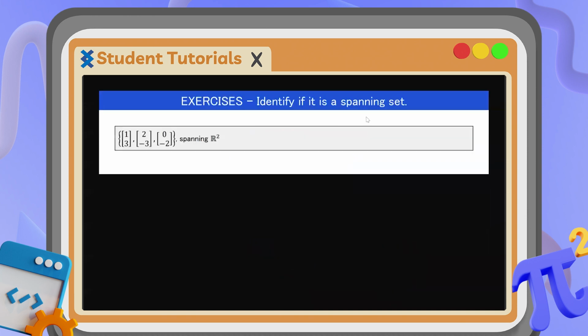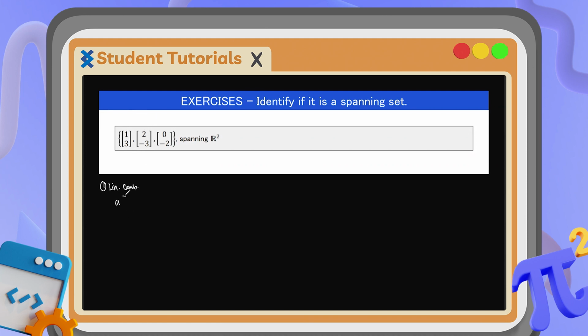Now let's have some examples regarding spanning sets. First, let's identify if this set is a spanning set. We have our 3 vectors, and we can use the concept of a linear combination to solve this problem. Let's create the linear combination with this set of vectors.